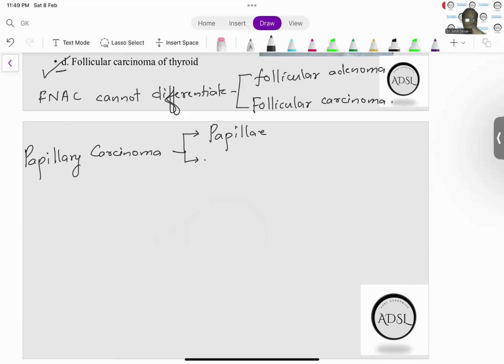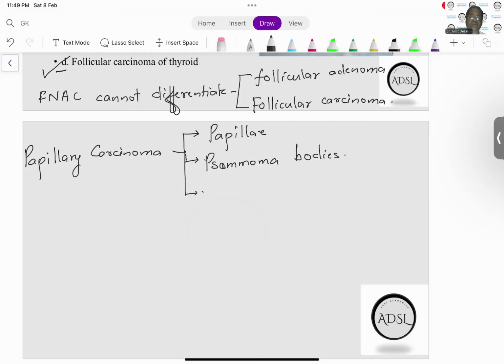Because they outgrow their blood supply, you will see dead cells, which do not receive nutrition, at the tip of papillae. These dead cells are called Psammoma bodies.